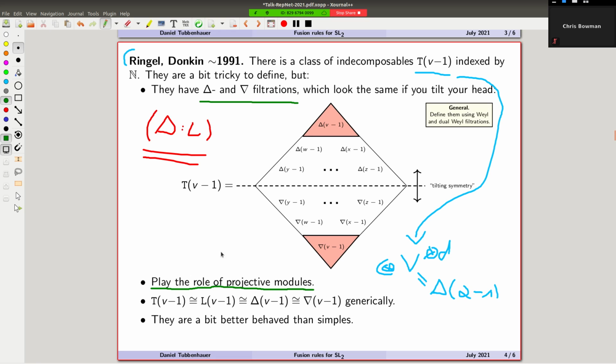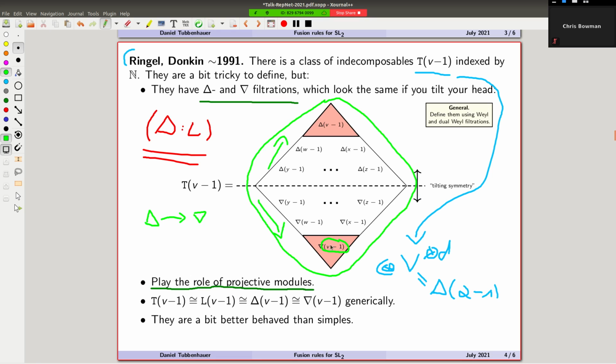And why are they called tilting modules? Well, I have not really defined them, but basically they have this delta and nabla filtration, and they have this nice property. If you just tilt your head, so that you have a delta filtration going upwards and you have a nabla filtration going downwards in this picture, and if you tilt your head, you see exactly the same picture, not just because delta tilts to nabla, but also because it is exactly the same. So if here's a v minus 1, then here's a v minus 1.